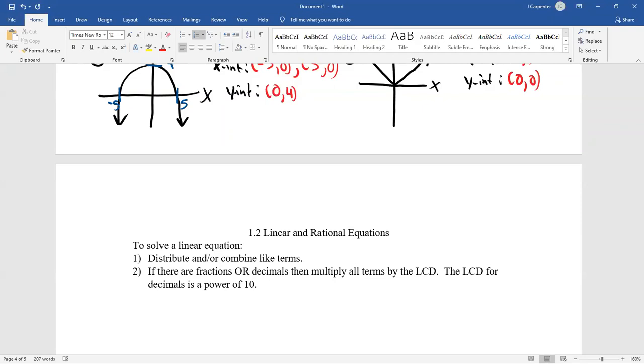Just understand what the equivalent LCD would be. So how do you know whether you're multiplying by 10 or 100 or 1,000? The number of zeros in your LCD is the most decimal places seen in the equation.